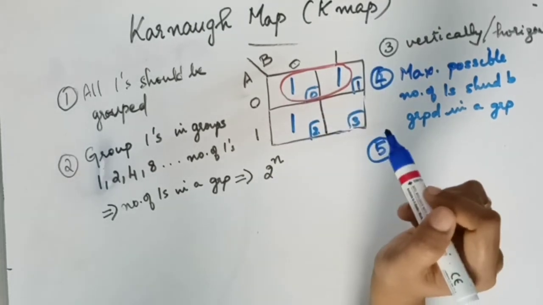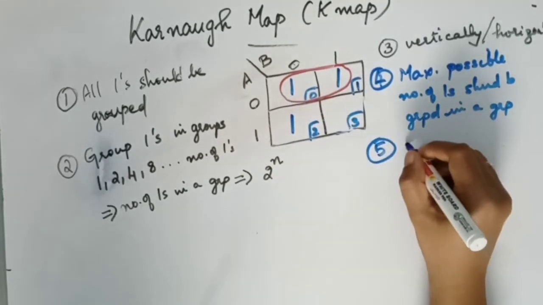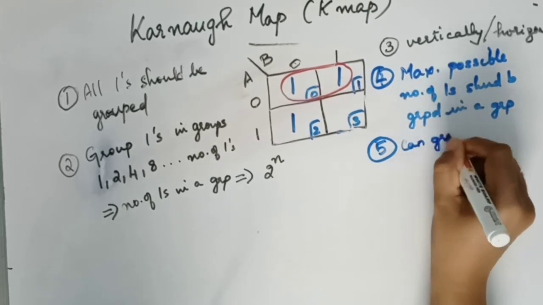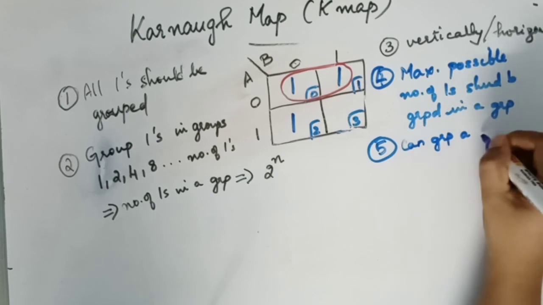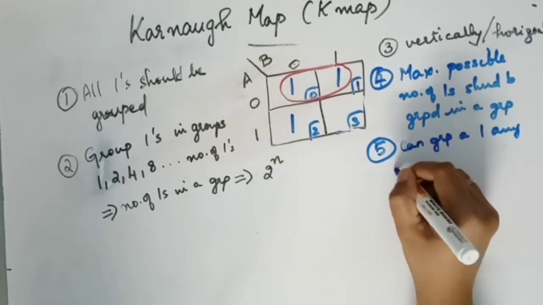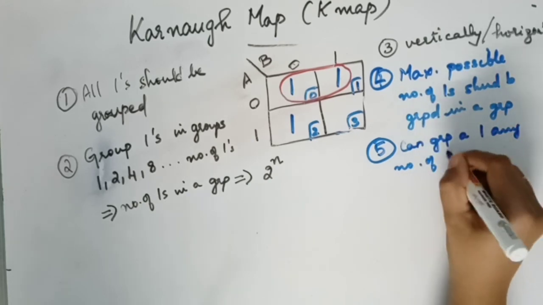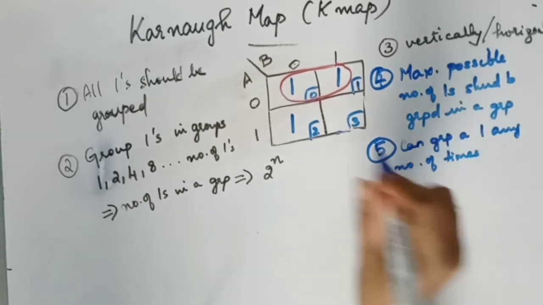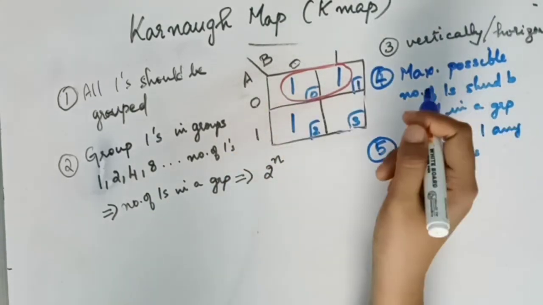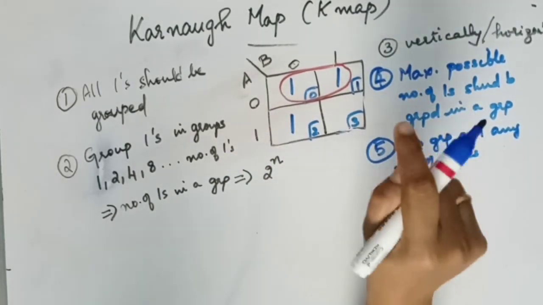Yes. You can group a particular one any number of times. That is, a particular one can be a part of any number of groups, but use it only if necessary.